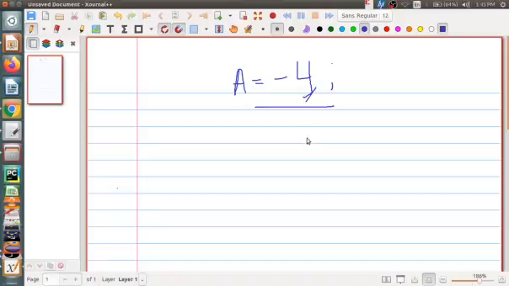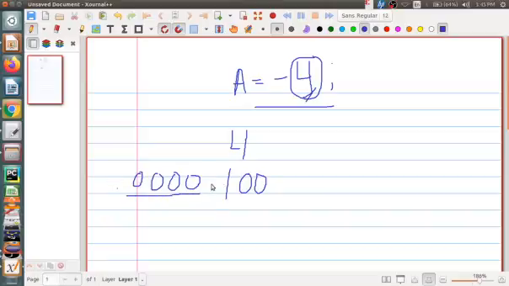How can you represent this in binary form? Always take the absolute value of 4, meaning the positive value of this integer. You represent it in binary form, that is 1 0 0, then the rest 29 bits are 0, dot dot dot 0, and then we have to make the 2's complement.